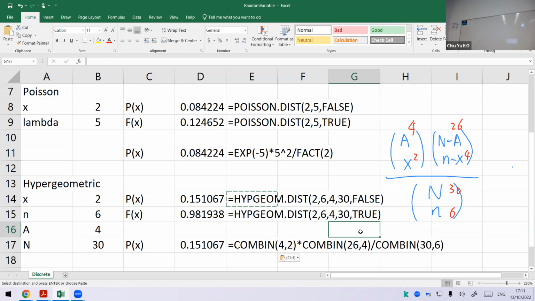So basically this hypergeometric question is just saying that you have 30 balls in the box. You take 1 ball out and check whether it is good or bad, and you don't put it back. You're asking, what's the probability that if you draw 6 balls, 2 of them are good balls and 4 of them are bad balls?